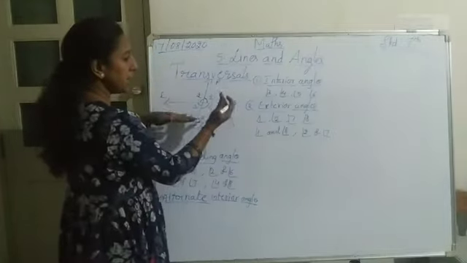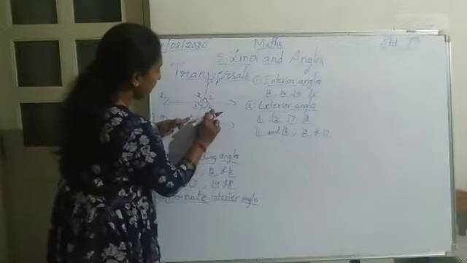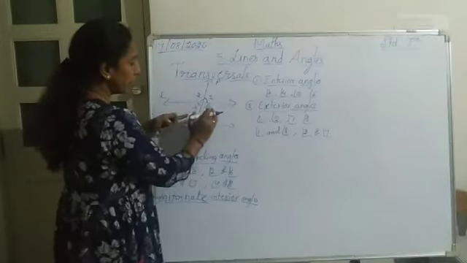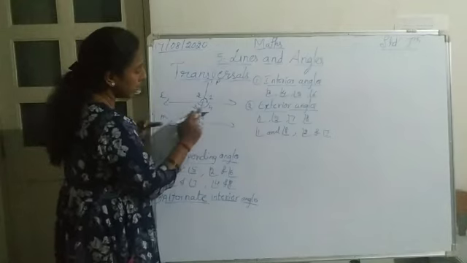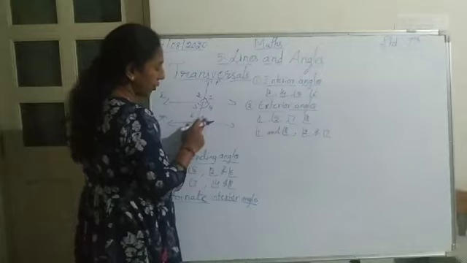Alternate means one side and another side, like that. So here, 4 is alternate, meaning on the other side of this transversal. 4 and 6 are alternate. 4 is the alternate angle for angle 6, and angle 3 is the alternate angle for 5.